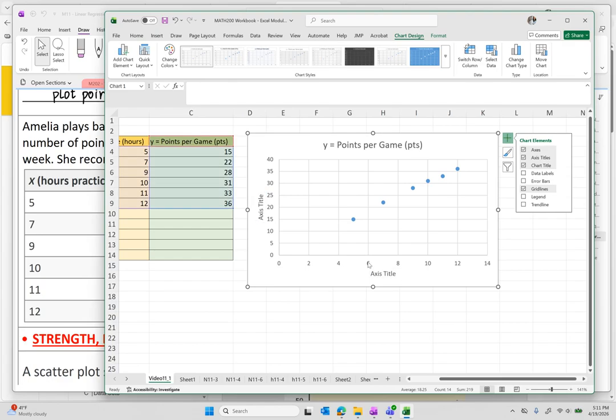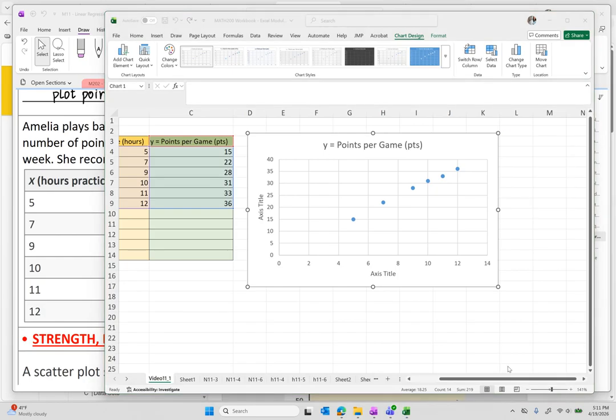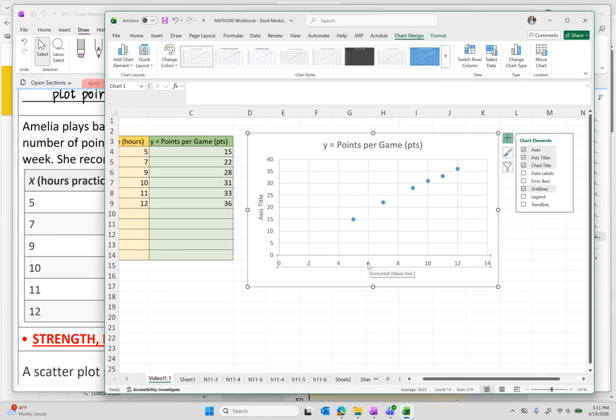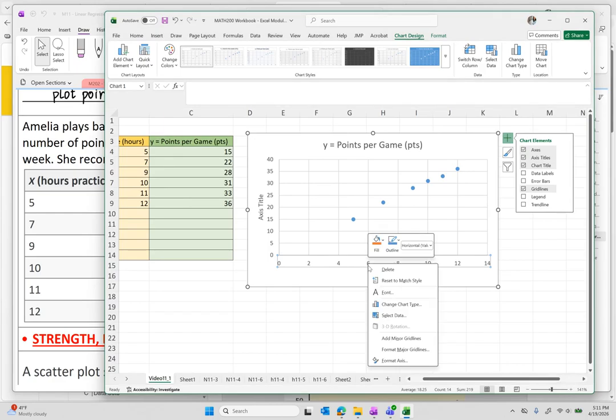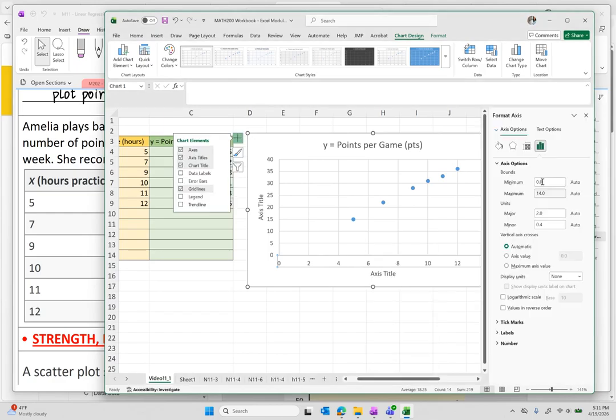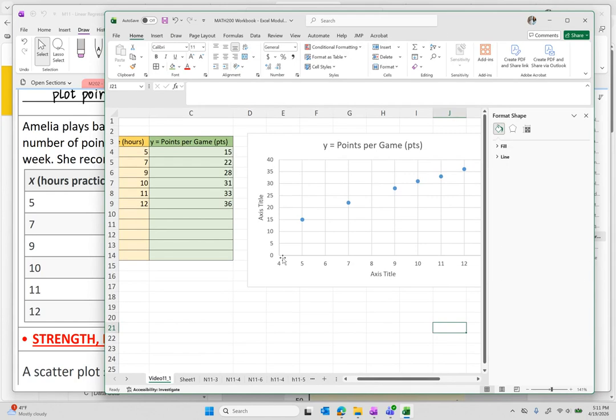Then you can change the data series. For the X variable, the independent variable, I want to click here on these values, right click, and format the axis and change the minimum, let's say, to be a 4. When I do that, you will see here how it has shifted to the left.